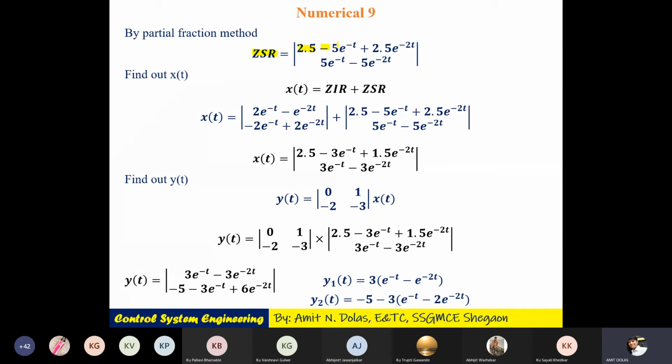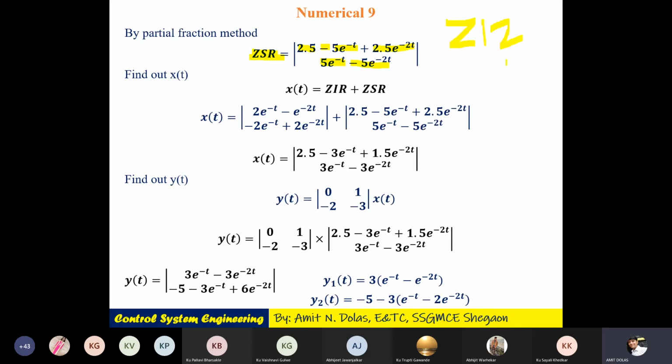Minus 5 upon s plus 1 था, so it will be minus 5 e raised to power minus t. 2.5 upon s plus 2 था, so it will be 2.5 into e raised to power minus 2t. Similarly, 5 upon s plus 1 and minus 5 upon s plus 2 था, so 5 into e raised to power minus t, sorry, minus 5 into e raised to power minus 2t. So I have ZSR now. We have both ZSR and ZIR.